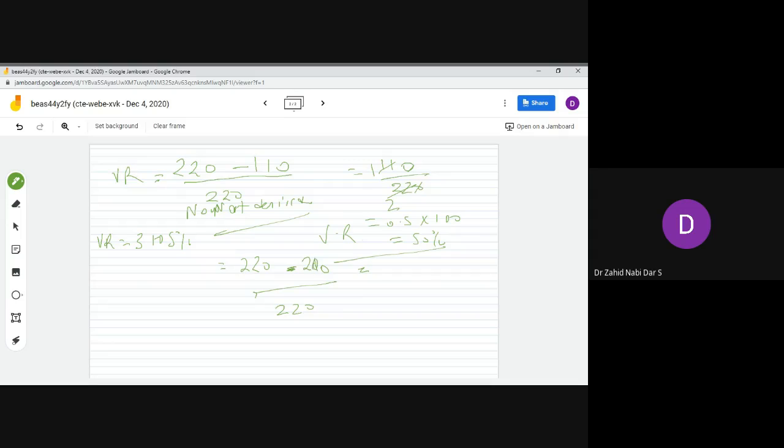Or let's say 200, so 20 divided by 220, which is around 9%. It should be even lesser than this. It should be around 220 minus around 210 or something like this. So this would be the fluctuation. The voltage regulation should be around this level.